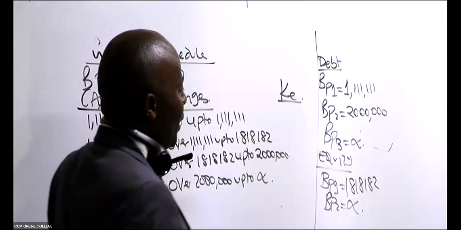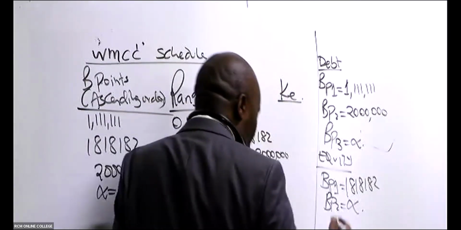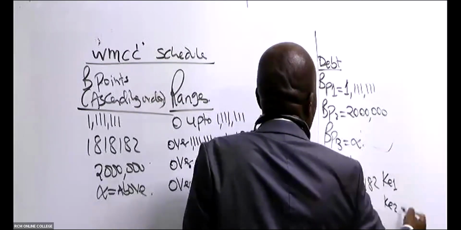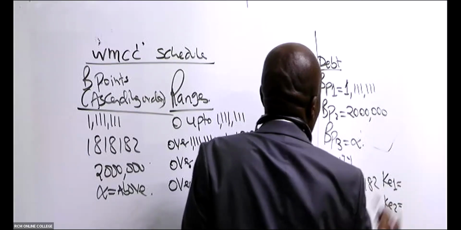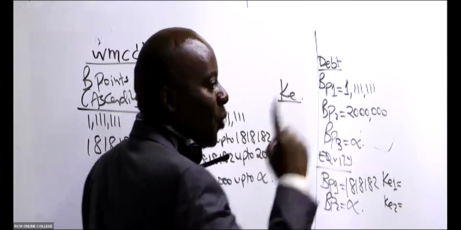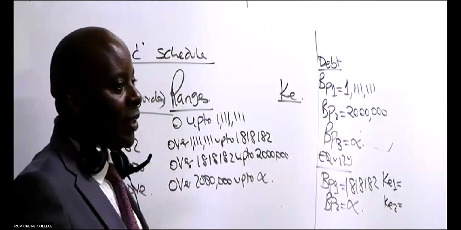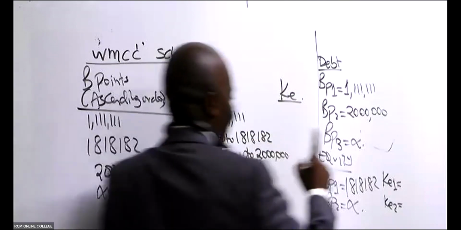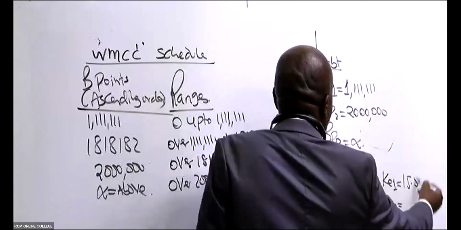Now, cost of equity, I'm aware that we have two costs of equity. I'm so sure you must have forgotten them. The first one was the cost of equity retained earnings, which was 15.5%.